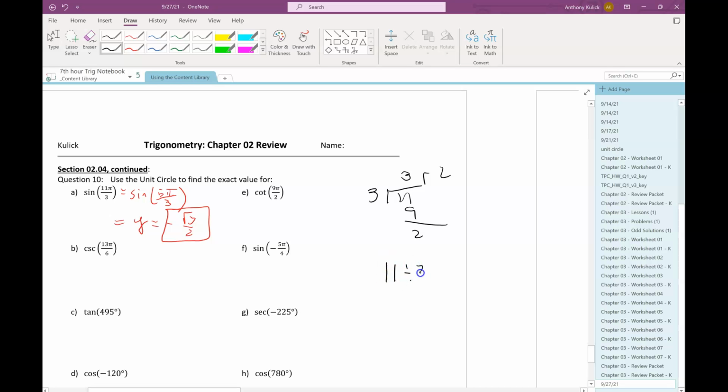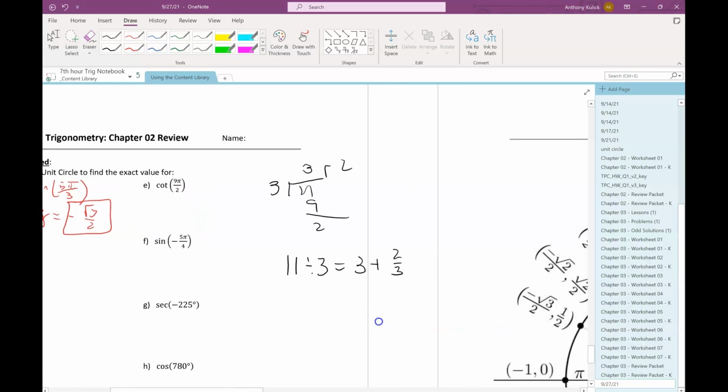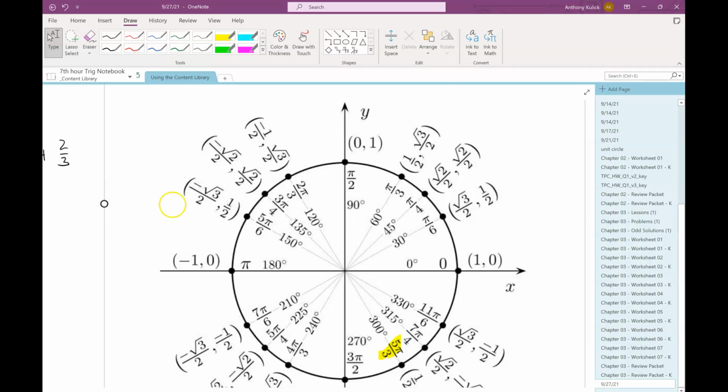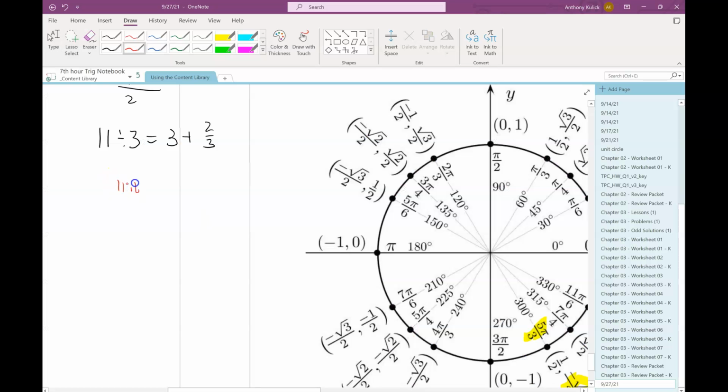So I can say 11 divided by 3 is equal to 3 and 2/3. Everybody's okay with that? So if I go back to my picture, I do this visually. Really, I'm talking about 11 pi over 3 is equal to 3 pi plus 2 pi over 3.